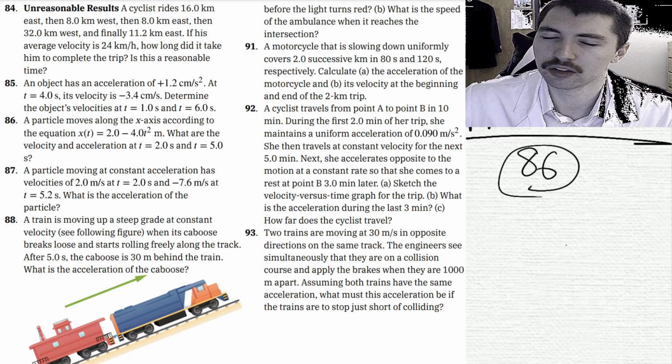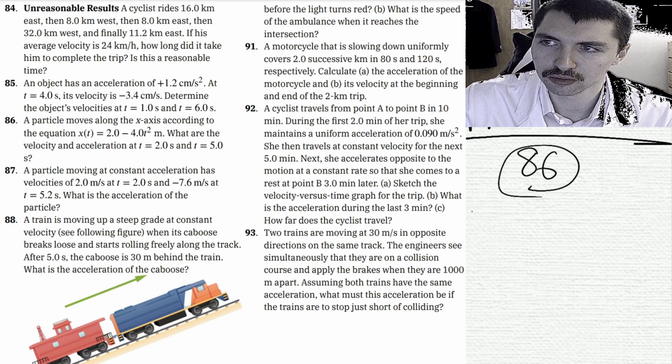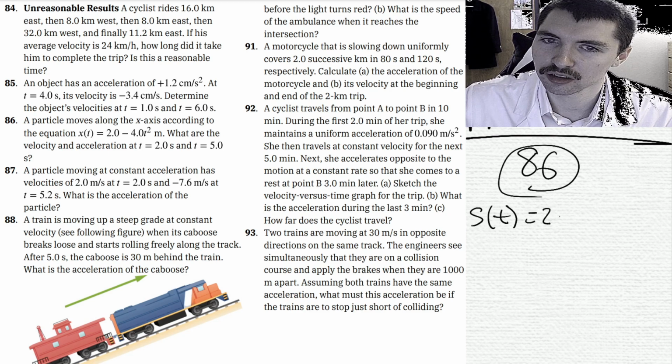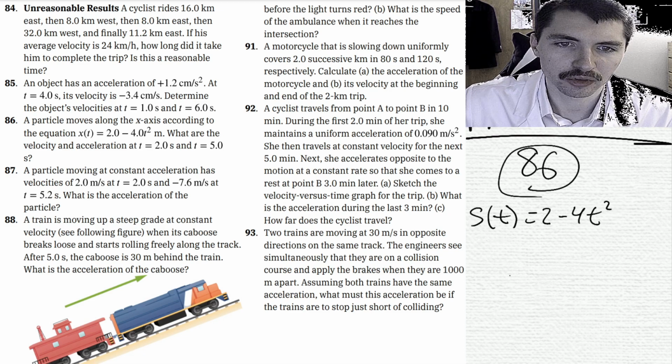Okay, so 86. A particle moves along the x-axis according to, I prefer s of t. Originally, when I actually took a calculus course, I thought this was the worst thing. Kind of more sympathetic to it now. So what are the velocity and acceleration?